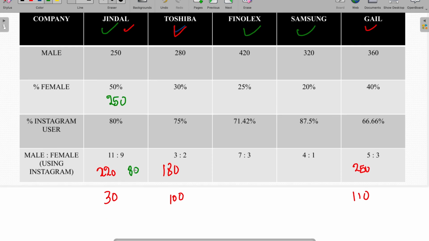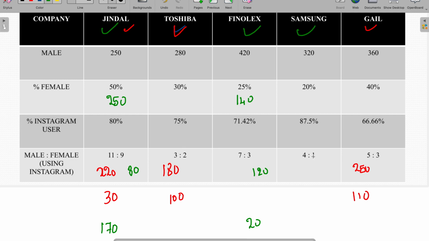Out of 250, 80 are using, which means the remaining 20 plus 150, 170 members are not using. Then Phonolex: total females will be 140. Females using 120, then 20 members are not using.